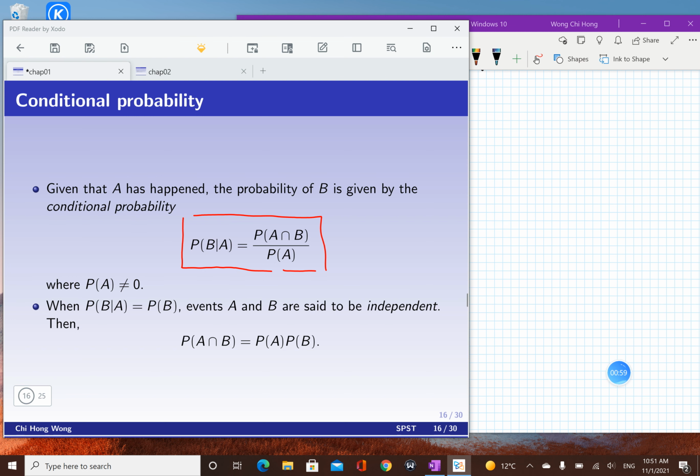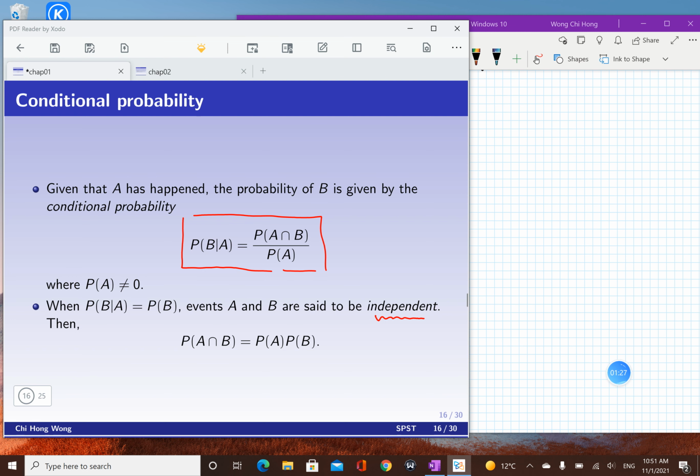Given by this expression here, and we had the very important concept of independence of events. For instance, if I'm throwing a coin and a die at the same time, you wouldn't expect whether I get a head or a tail from my coin has anything to do with what score I'll be getting from a die. So they are called independent events.